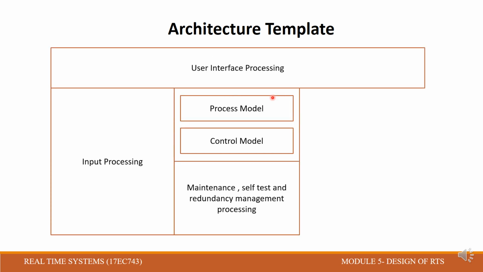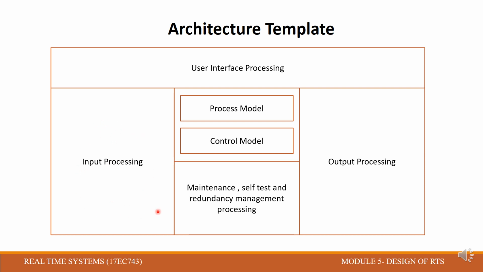The enhancement of this model is done by developing virtual terminators, and it is suggested that the template be used at each level in the requirements model hierarchy. This template is very important at the requirements model hierarchy. So we have to think of what the process model is for every given specification, and maintenance and self-testing, and redundancy management.